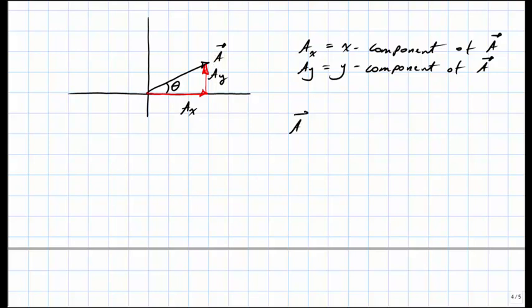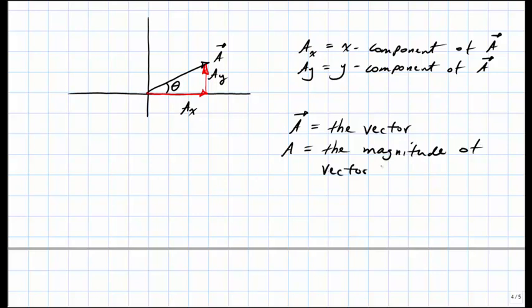So we know that A with an arrow on top indicates the vector. Whenever we see A without an arrow on top, that is the symbol for the vector's magnitude. So A without an arrow on top signifies the magnitude of vector A.